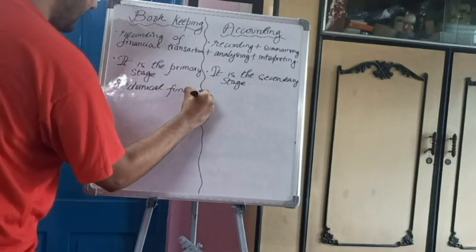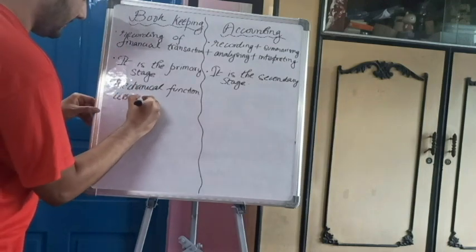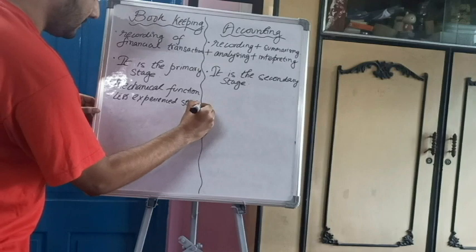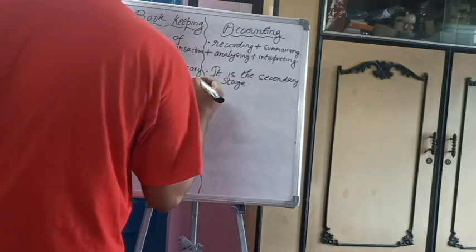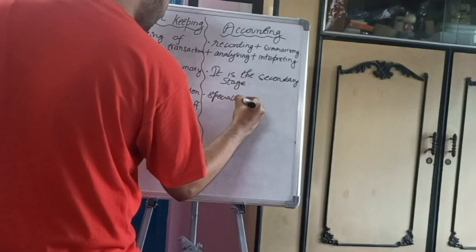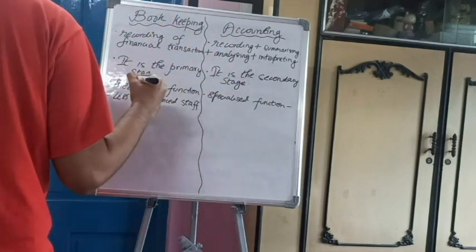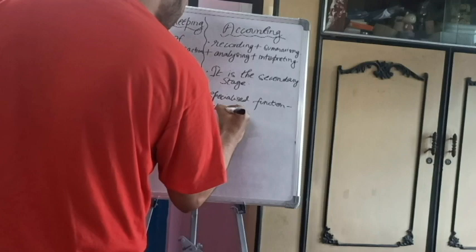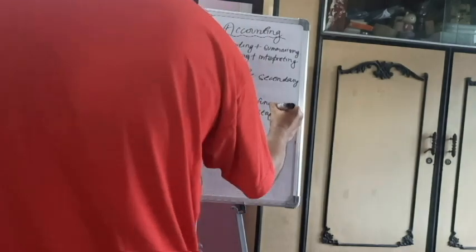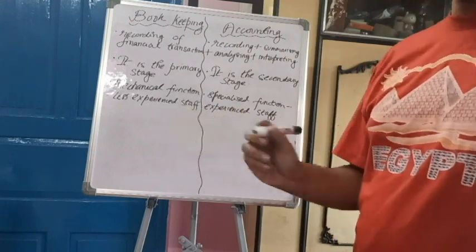bookkeeping is a mechanical function. Bookkeeping is a mechanical function and it requires less experienced staff because it is easy, just recording.